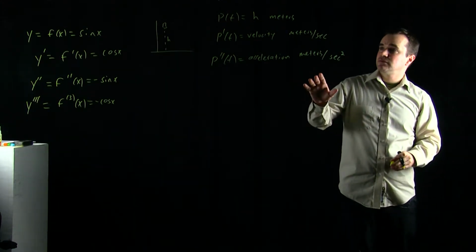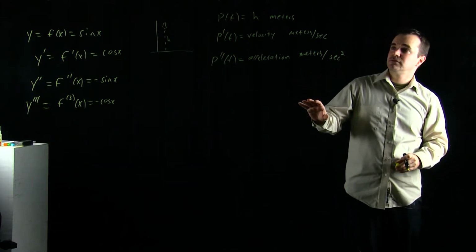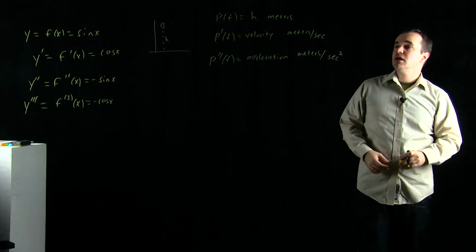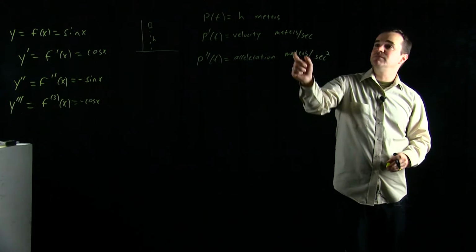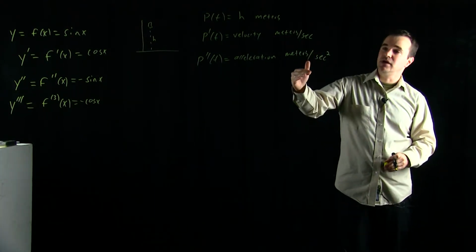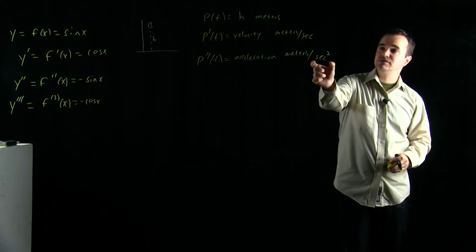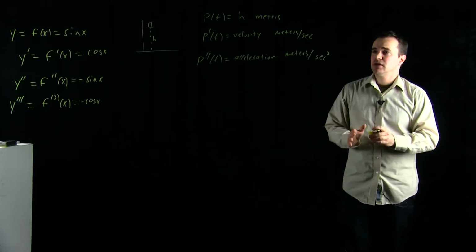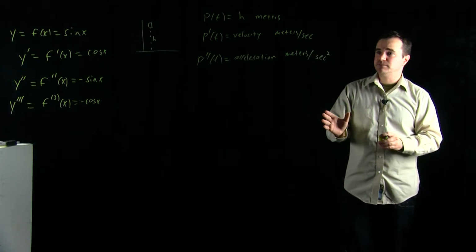When you take the derivative of the derivative, you're taking the derivative of something that's already in meters per second, but when you look at that difference quotient, you have meters per second on top, and you're dividing by time on the bottom, so that gives you meters per second squared. That's where those units for acceleration come from.